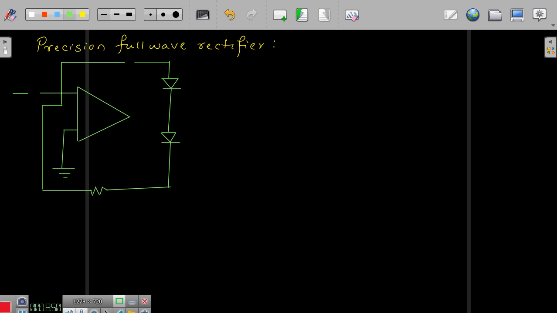There is a resistance here. There is a resistance here. Then you will move ahead here, because in a full wave rectifier obviously we need two op amps.